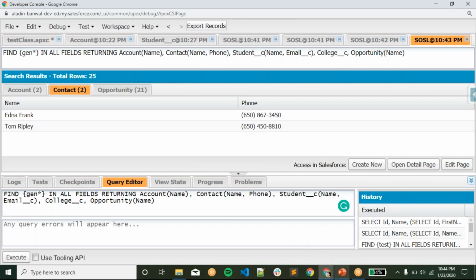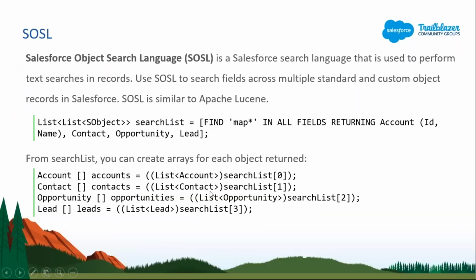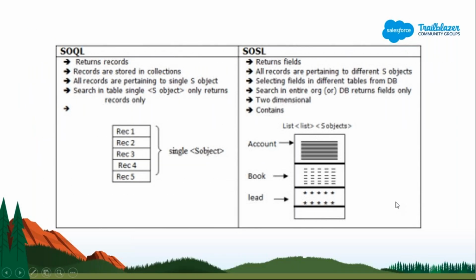You can use SOSL in your Apex where you don't know where you are going to find the data. So these are some differences between SOQL and SOSL. SOQL will return the list of records, but SOSL will return the list of fields, not the records.